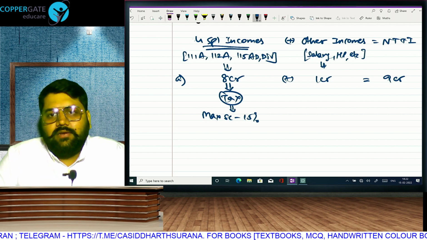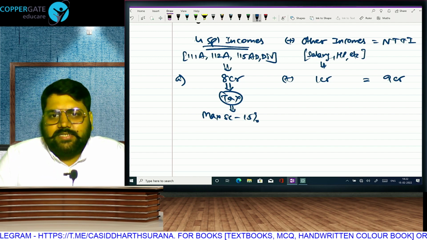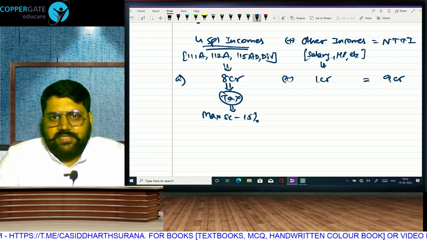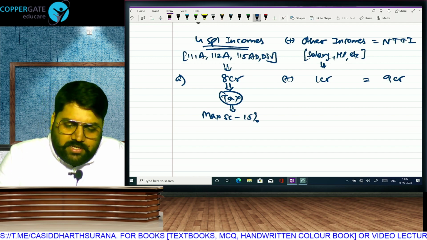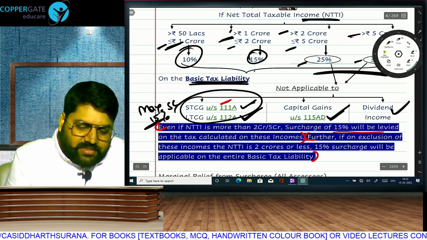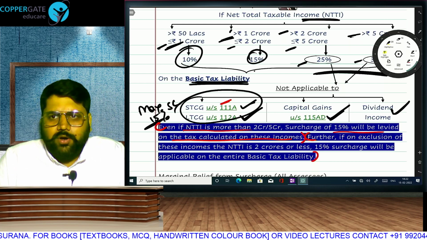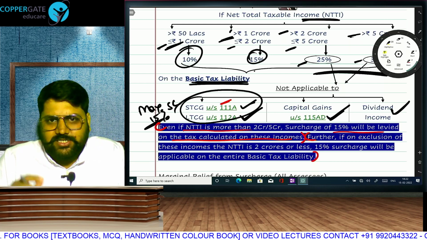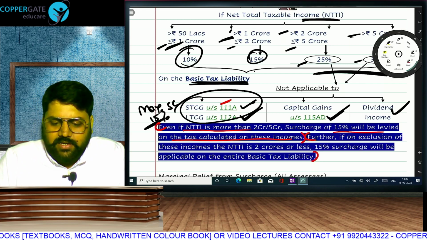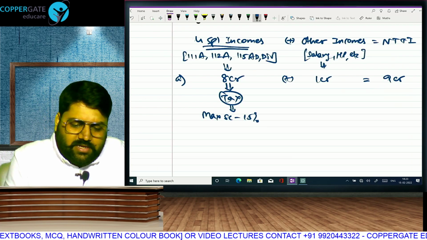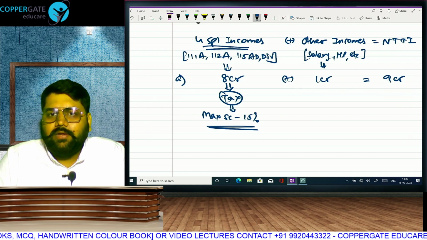It cannot be more than 15%. Highest surcharge on this income will be 15%. Or in these special incomes, surcharge cannot exceed 15%. That's my first line. On these incomes, surcharge cannot be more than 15%. The highest surcharge is going to be 15%. Is that clear? So are we done with this, that the surcharge of these incomes will be only 15%.